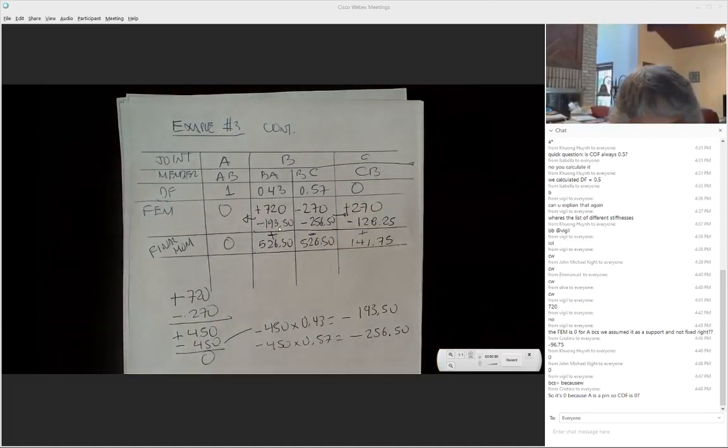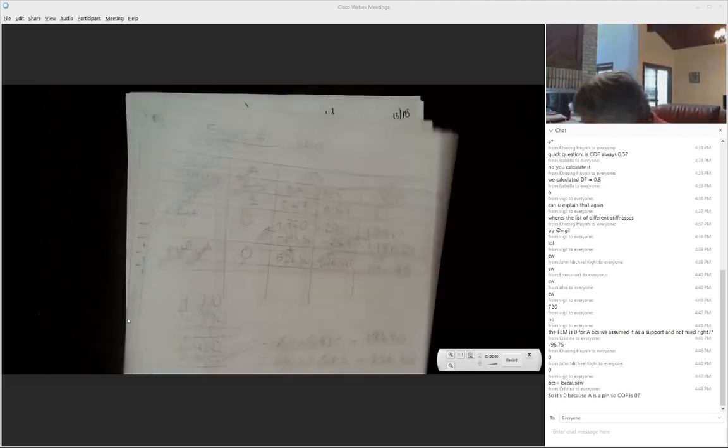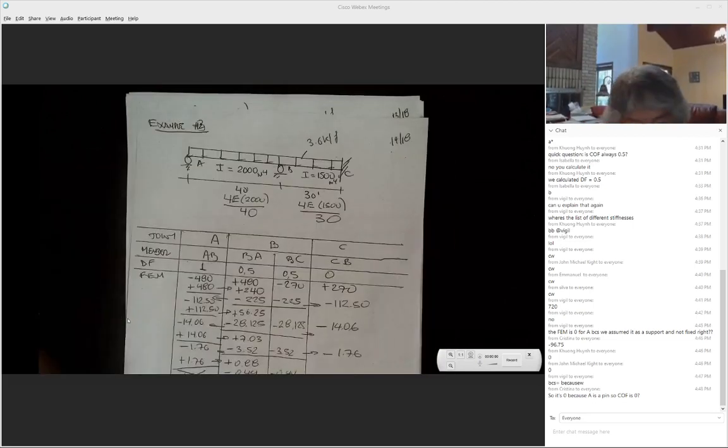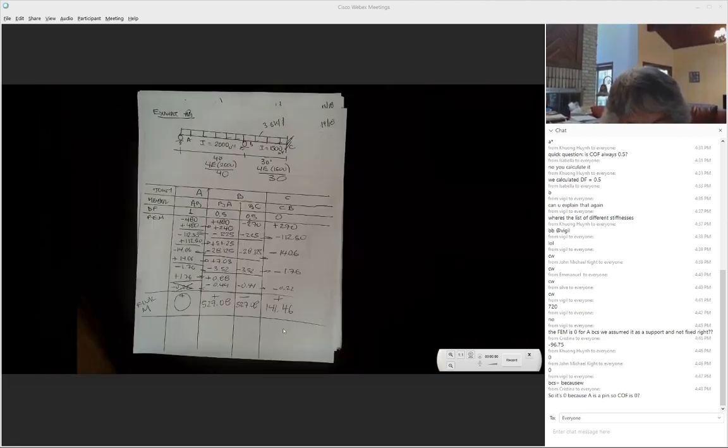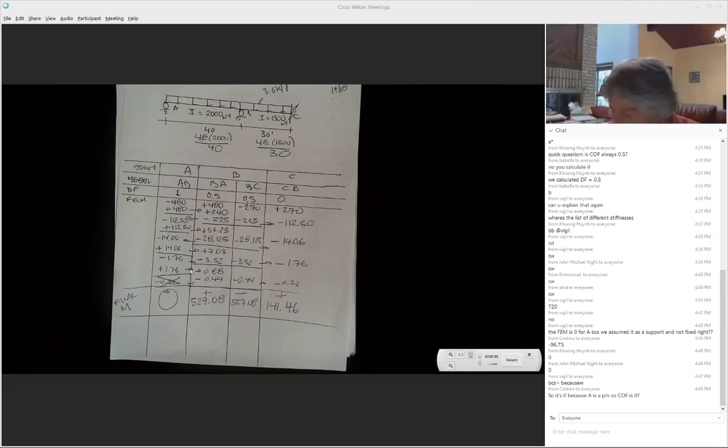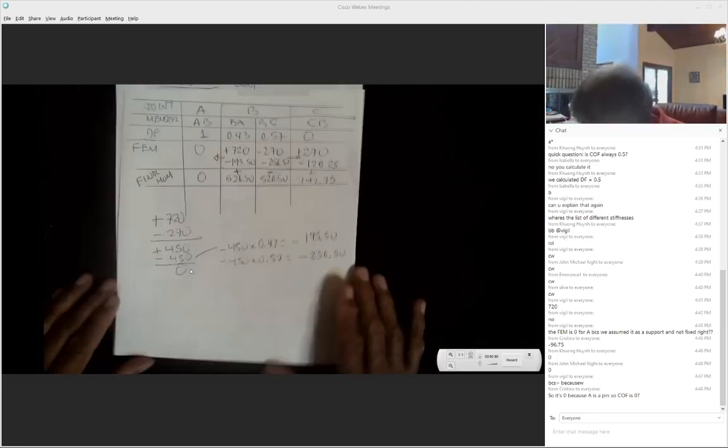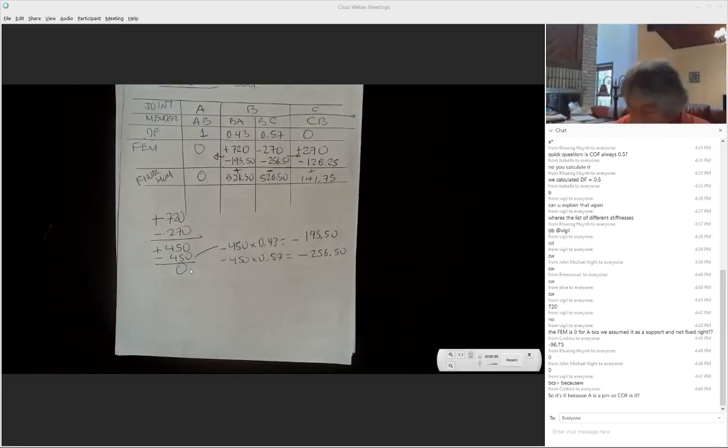So we add the moment, equal and opposite because it's the joint. So this is the end of the problem. So instead of going through so many computations, because I didn't modify the stiffness, look how much work, we can solve this problem with one line.